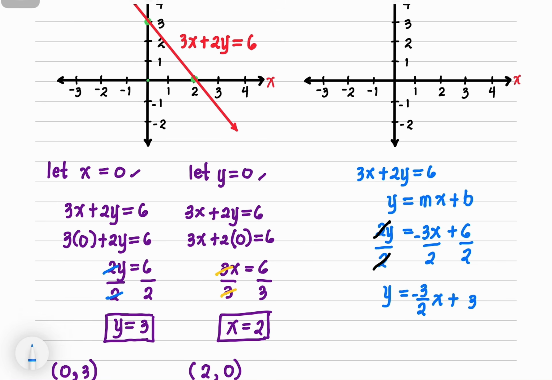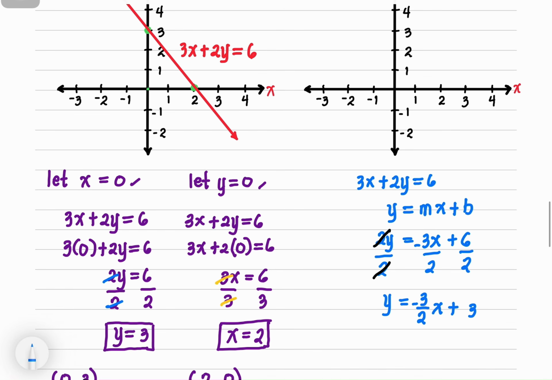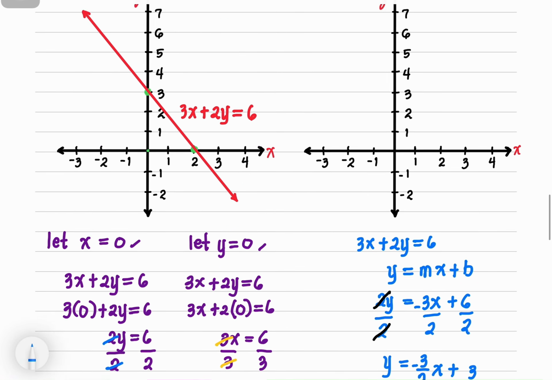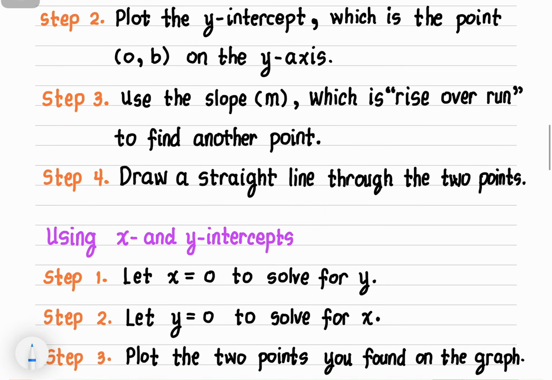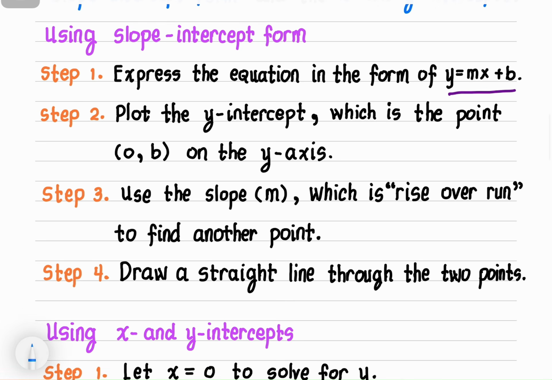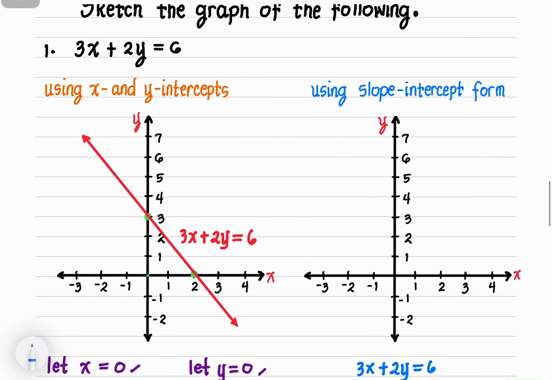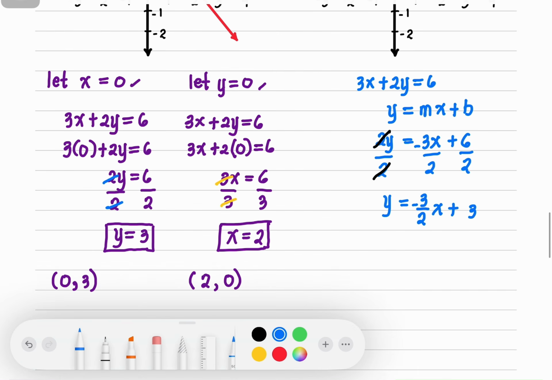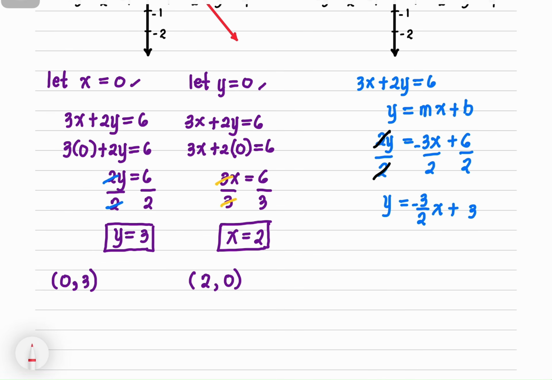So, dito, gagawin natin, since naka-y form na siya or slope-intercept form, step number 2, plot the y-intercept. Plot the y-intercept which is the point 0, b on the y-axis. So, class dito, nasolve natin yan. Ano ba ang ating b dito? O yung y-intercept? Yung ating b, yung y-intercept which is 0, 3.